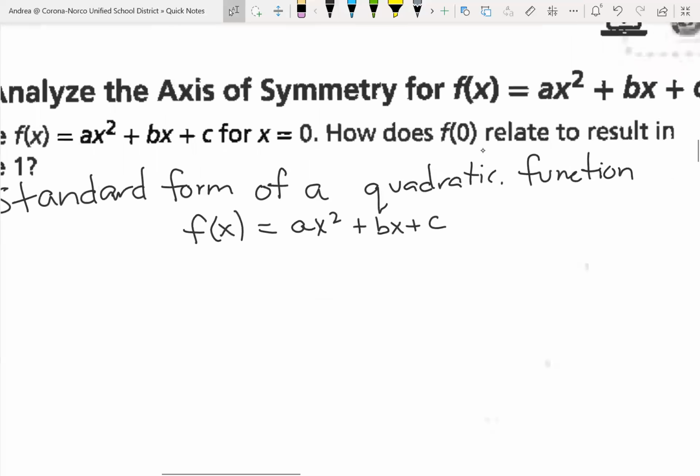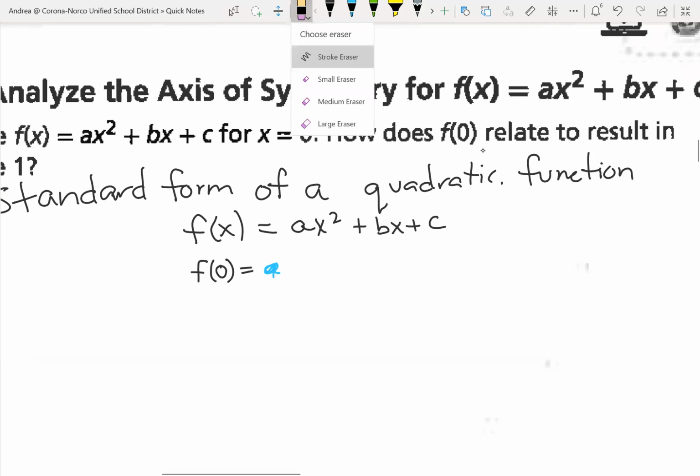So I have f of 0 equals... it's a little lagging here.